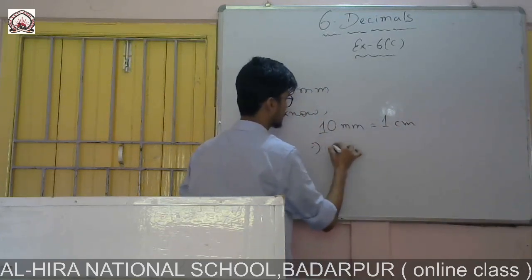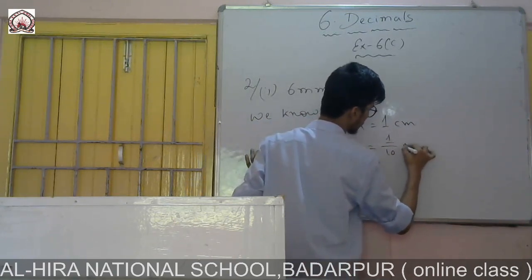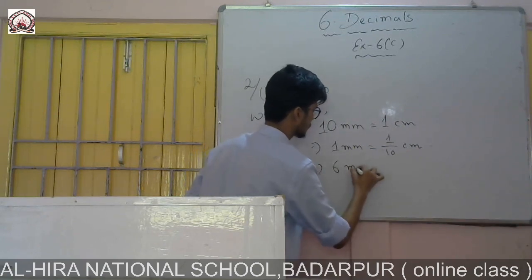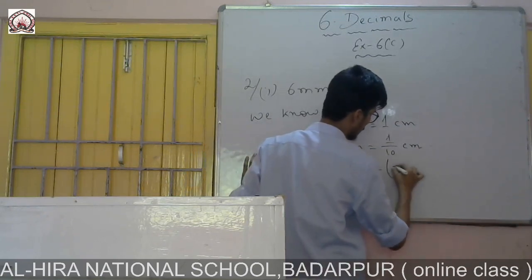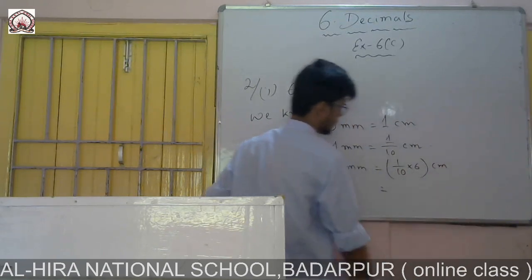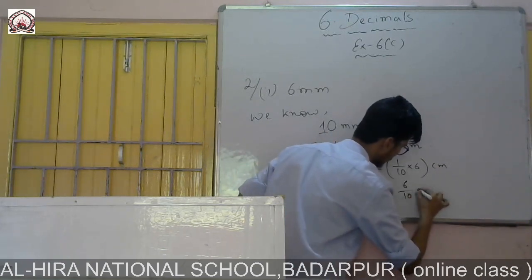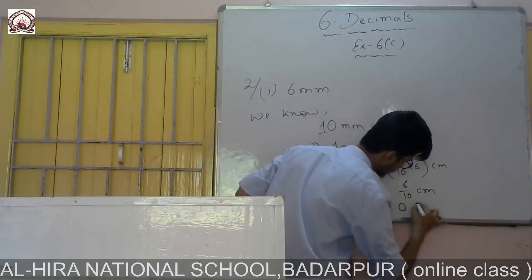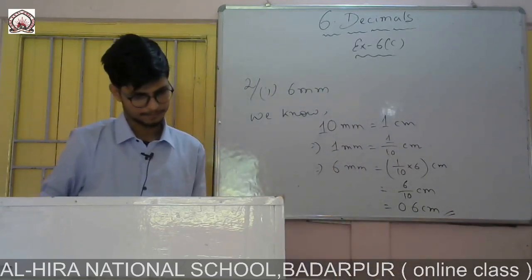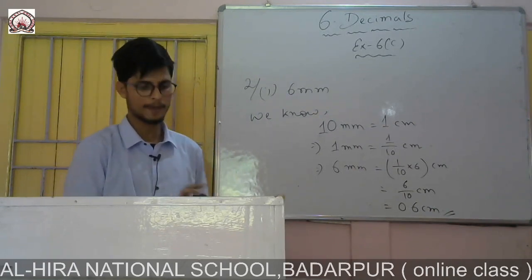That means 1 millimeter equals 1 by 10 centimeter. We are finding it for 6 millimeter, so 6 millimeter is equal to 1 by 10 into 6 centimeter, that means 6 by 10 centimeter, which I can write as 0.6 centimeter.